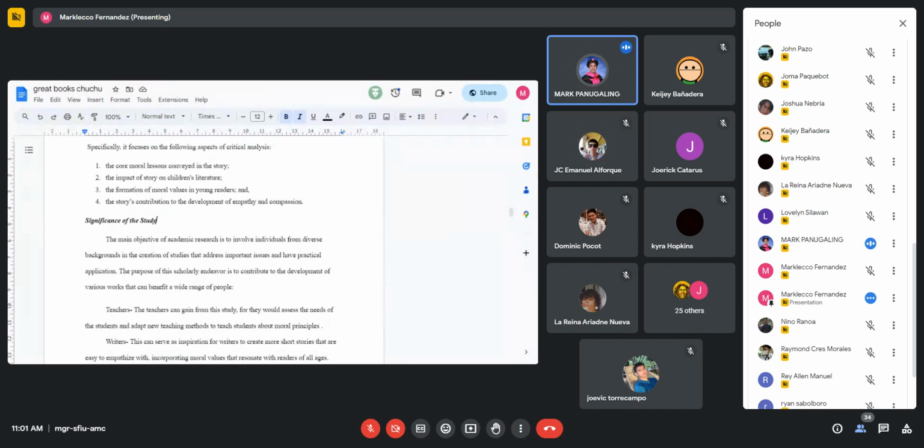They must match the theories above and how you try to state your problem in the sub problems number one, number two, number three. On formation of moral values, you don't need this because it will be discussed in number one. The story's contribution to development of empathy, that's also discussed in number one. That's already redundant.